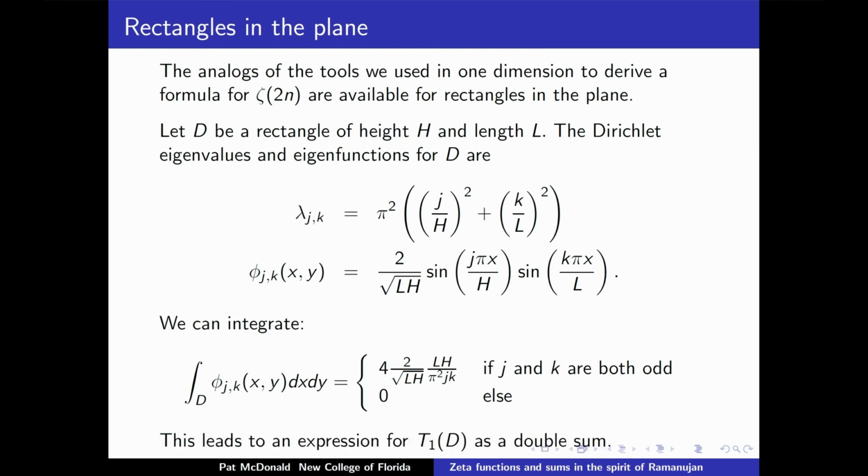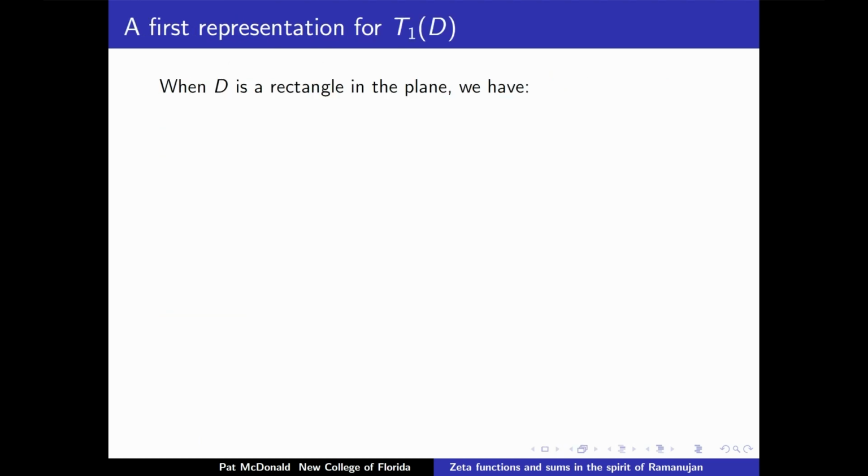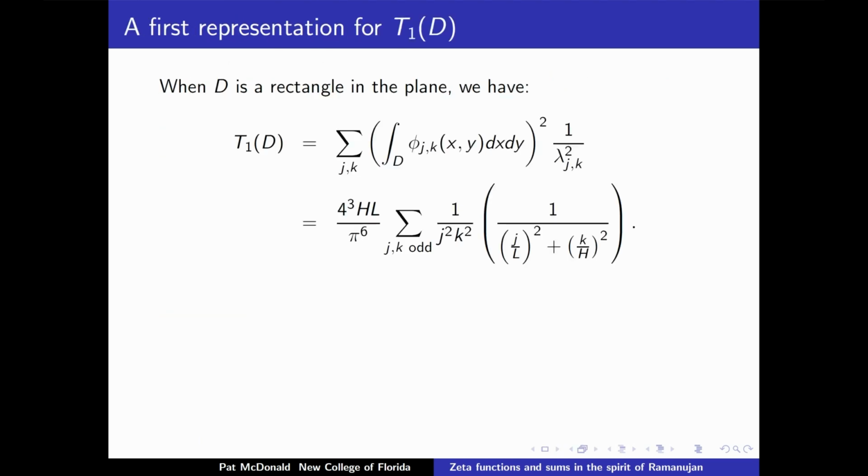Okay? And then I get an expression for the torsional rigidity of a rectangle. Now, here are two expressions, right? The first one is telling you how I write down the second one. The important thing here is that it's not a single sum, right? It's a double sum.